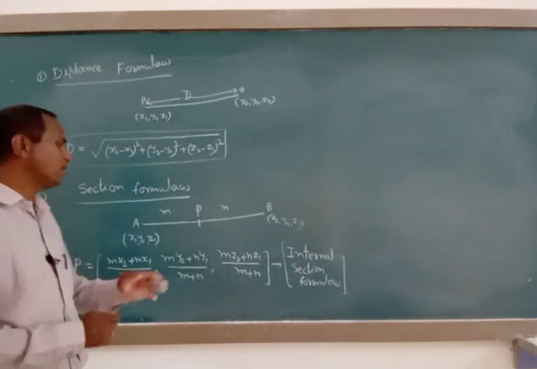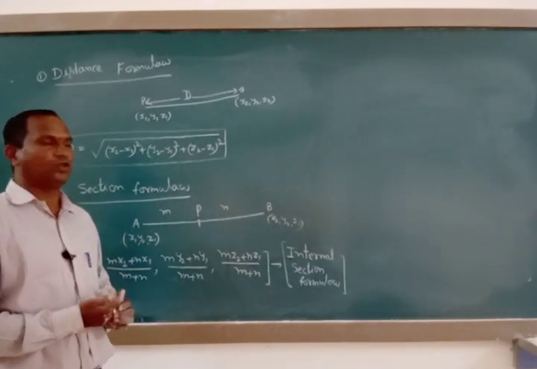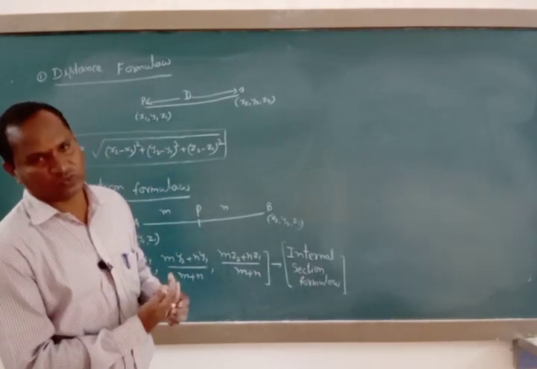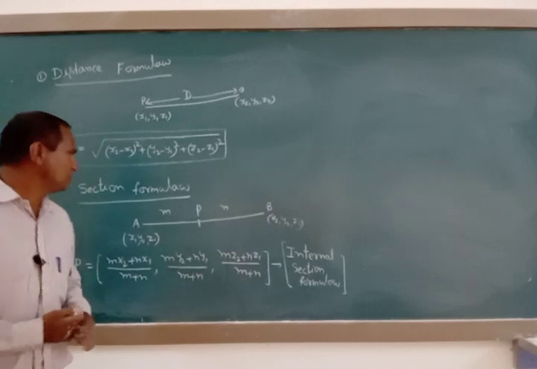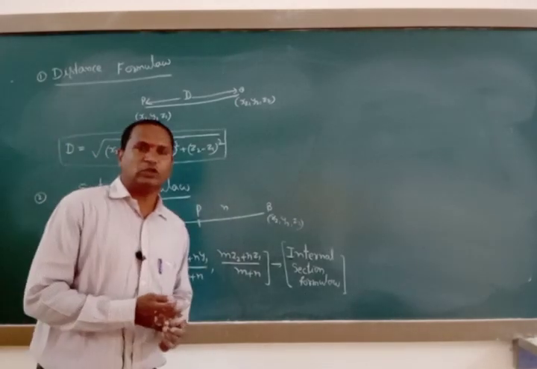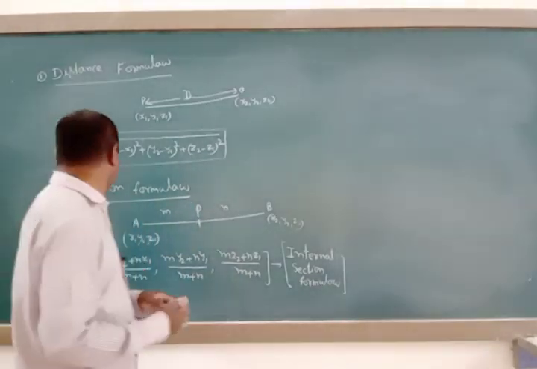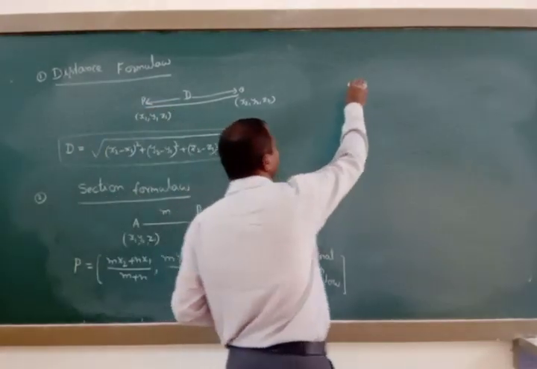That's why this formula is called the internal section formula. We have the proof of this also in first PC. We derived it, but in second PC there is no need of this proof; we will just use this formula in some problems. Next, the external section formula.